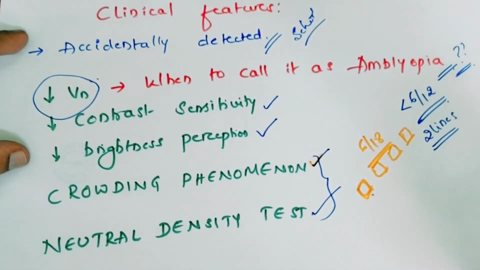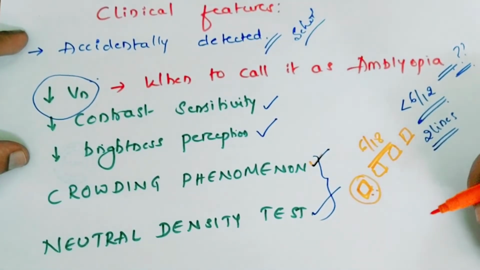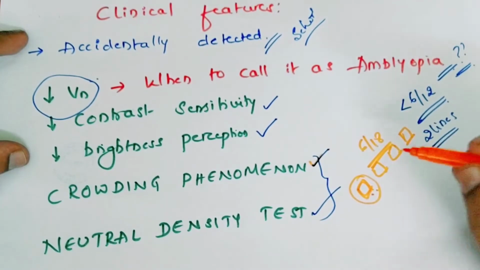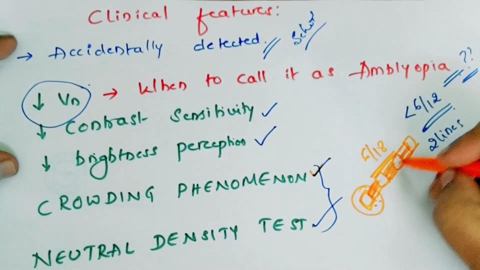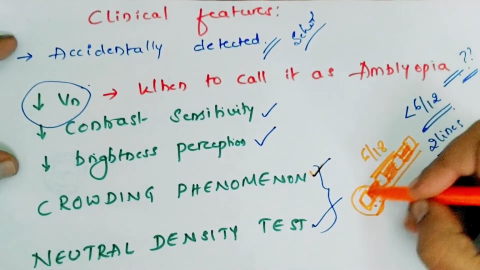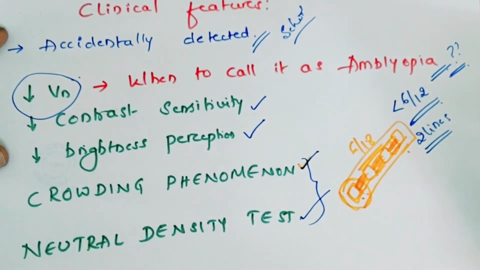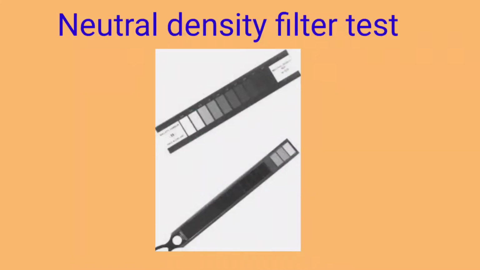Instead, if you project a single letter of the same size, the patient will appreciate it. That is called the crowding phenomenon, because of smudging of the edges of the letters in that particular line. The patient will not be able to recognize the letters if everything is projected together, but if a single letter of the same size is projected separately, the patient will appreciate it.